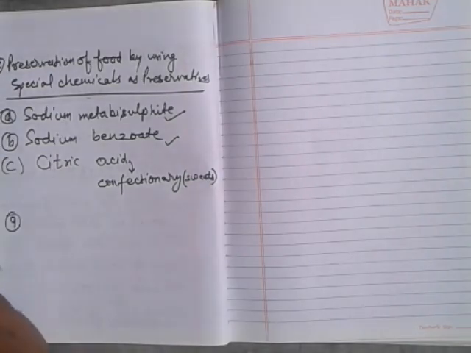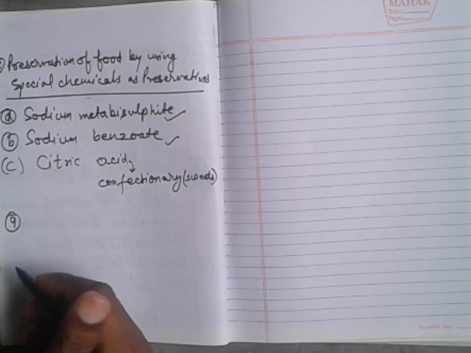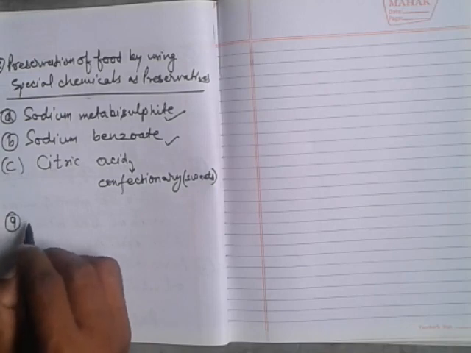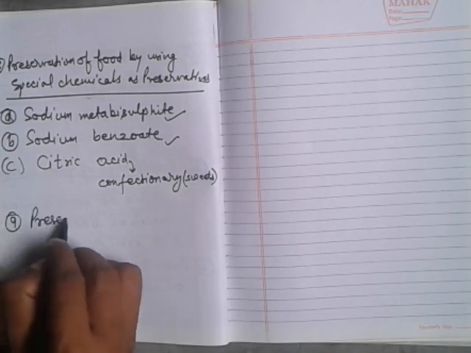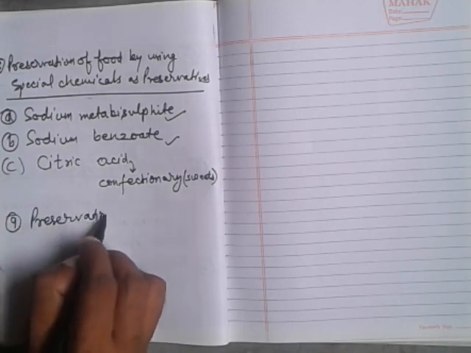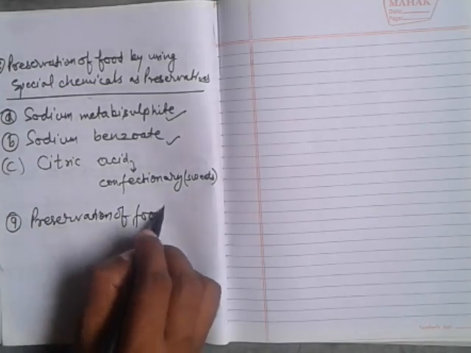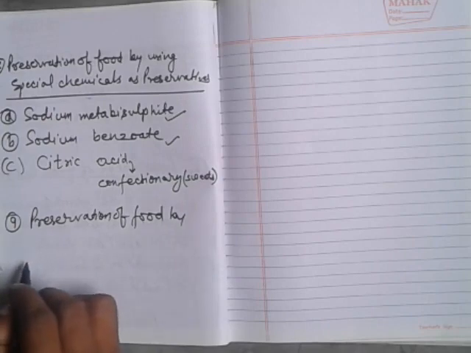Next technique, you can also preserve the food by using pasteurization, which I already talked about in the heating method. So preservation of food can also be done by pasteurization.